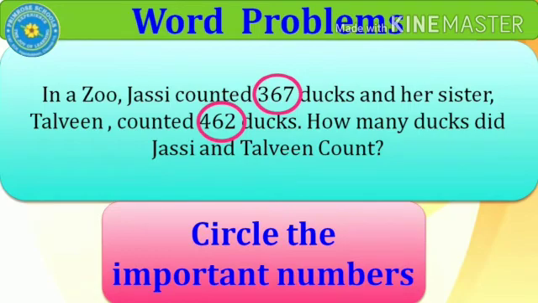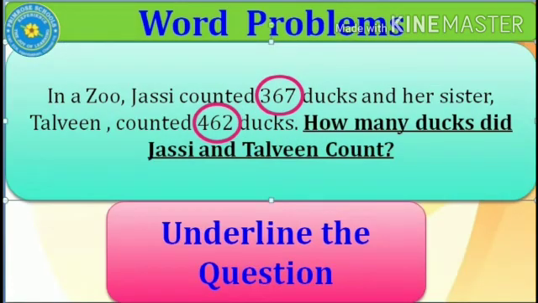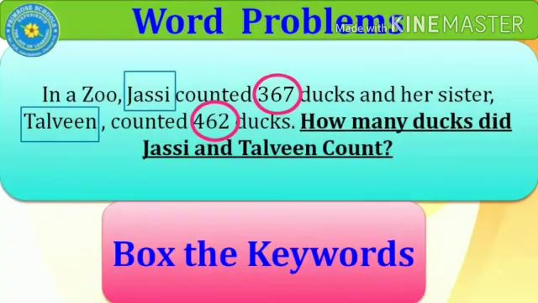Circle the important numbers. 367 and 462 have been circled. Next step is U. U for underline the question. How many ducks did Jessie and Talveen count? That is the question which has been underlined. Third step, B. Box the keywords. So the keywords here are Jessie and Talveen, which have been boxed.